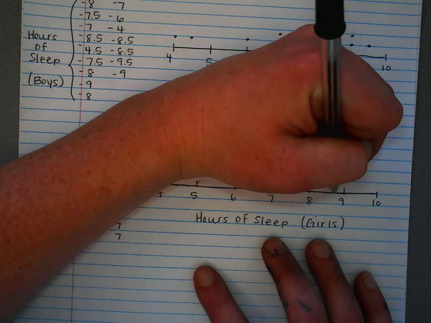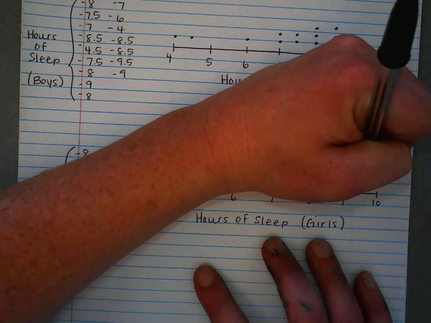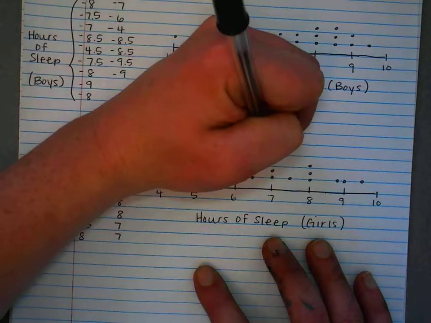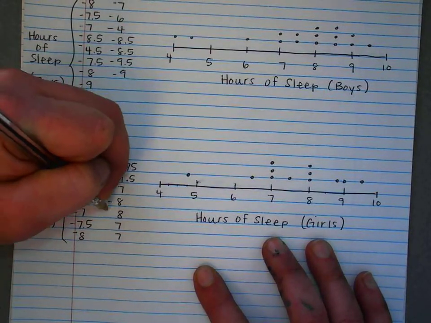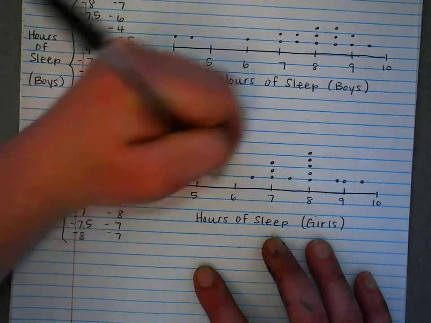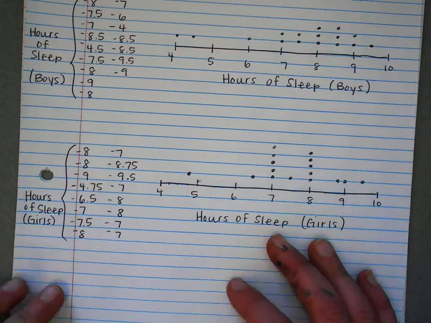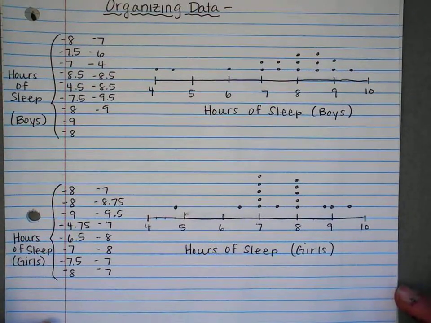There's 8.5, so 8.75 would be around there. 9.5, 7, 8, and 8, so I'm going to do 2 of them. And 7 and 7. Okay, so now these are done for the boys and the girls.